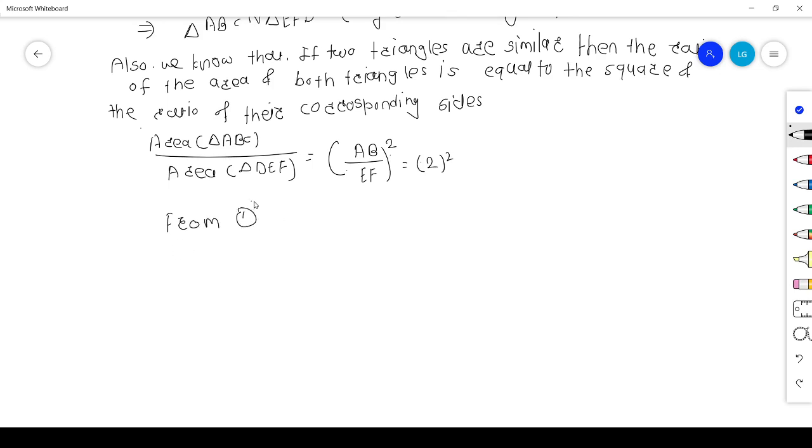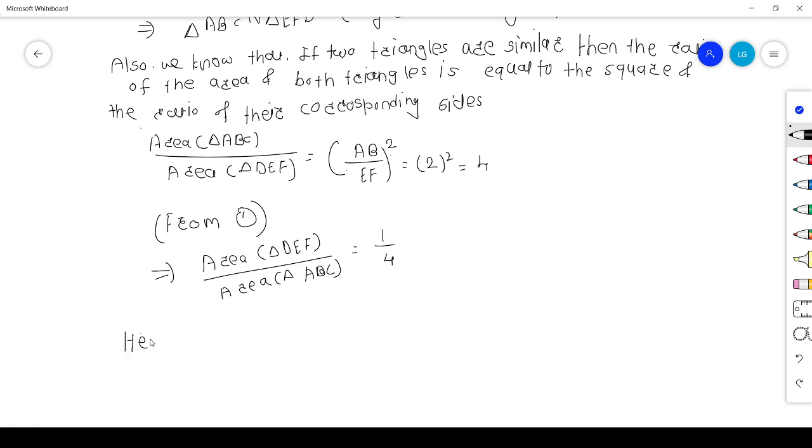So from 1, now the area of triangle DEF to the area of triangle ABC is, as this is 4, this will be 1:4 inverse.